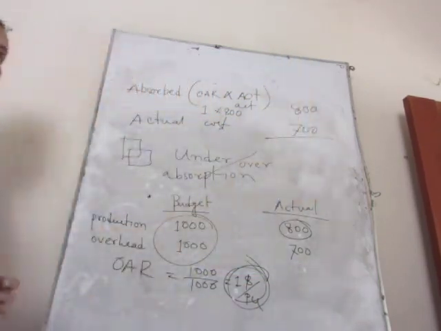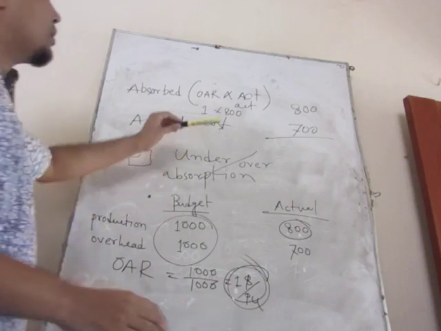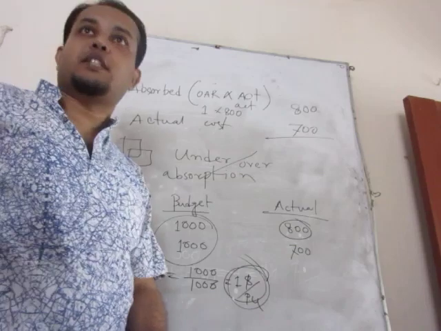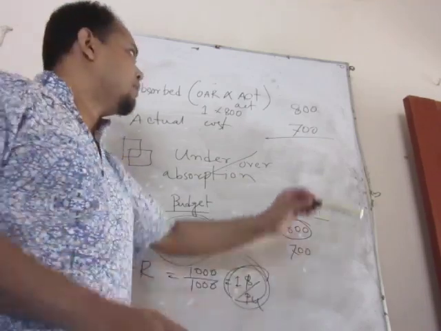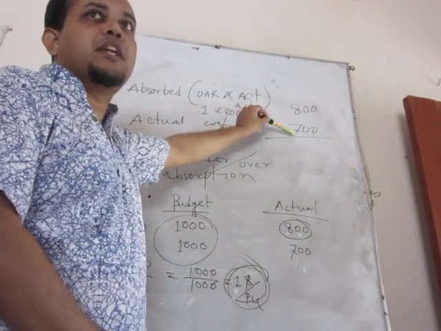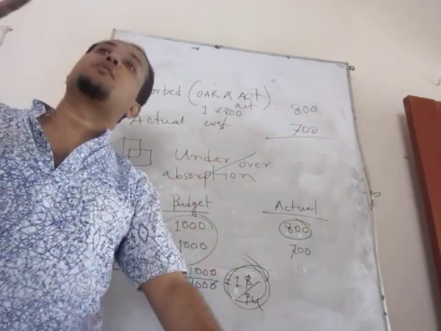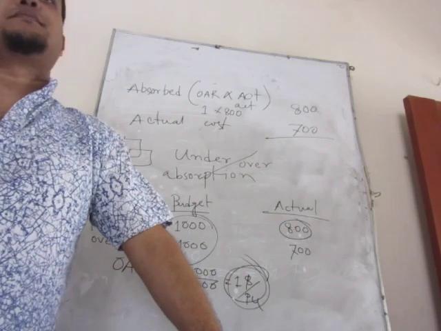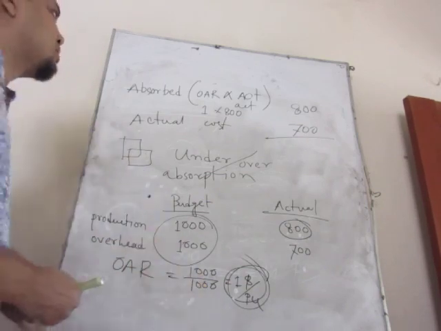So what do you mean by this? You are expecting 800 as the cost. But the actual cost is, end of the day, 700. That means your expectation was 100 over than your actual. This is called over.